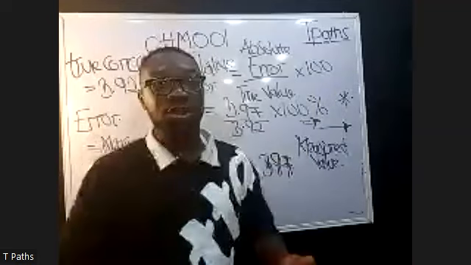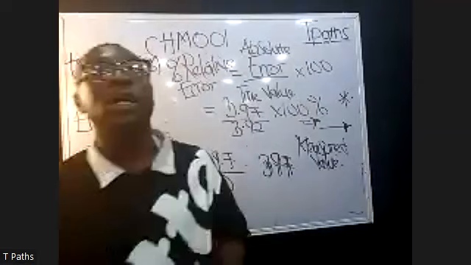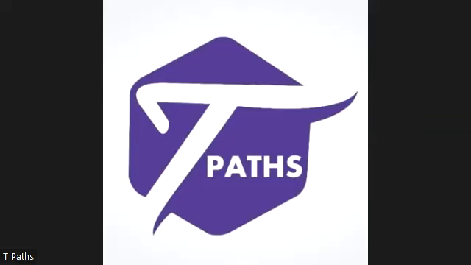Systematic error is an error due to flaws in the design of the experiment, or flaws in the instrument. Random errors cannot be determined, while systematic error is called determinate error.